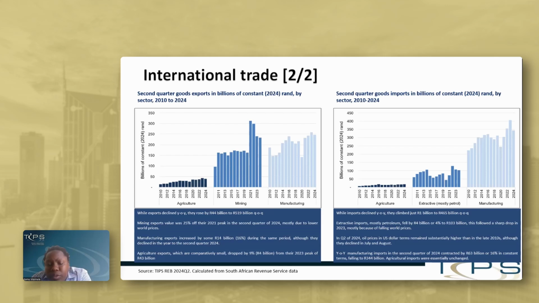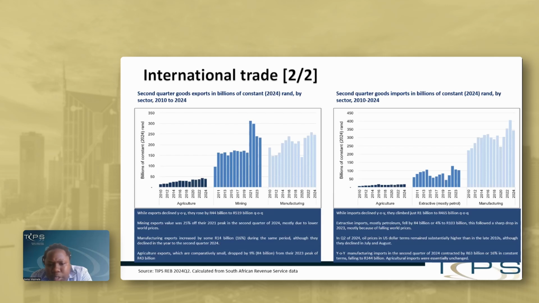Then in terms of imports, you see a similar trend again. Imports have declined year on year, but they've actually increased in the current quarter by 1 billion rand to 465 billion rand.